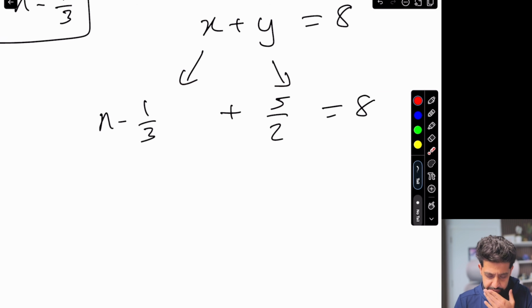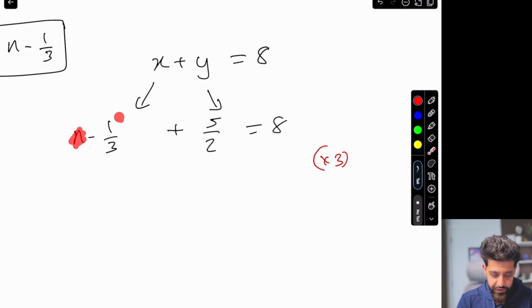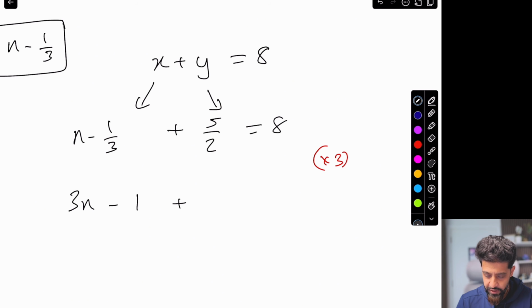You can just get rid of the fractions actually. Multiply by 3, the largest one. So if you multiply everything by 3, the 3 cancels here, and this is multiplied by 3 as well. So 3n minus 1 plus 5 times 3 is 15 divided by 2.